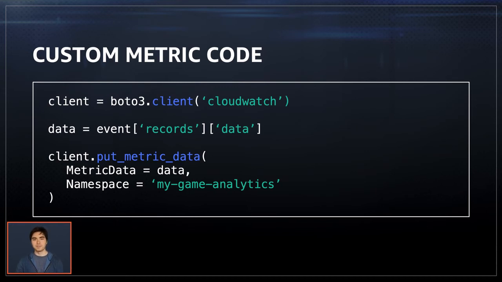So Lambda receives that data from Kinesis, and then you can choose to send that to CloudWatch using this last line here, where we're just putting that data very simply. And in this case, we're just sending that data as is, but you could also do some transformation within your Lambda function as well before sending that data off to CloudWatch.